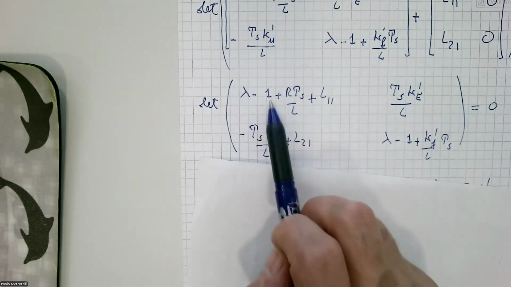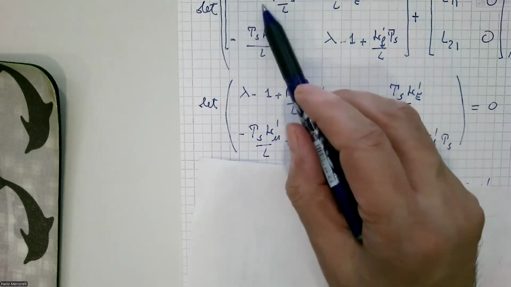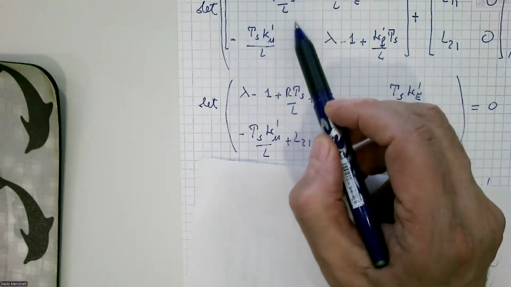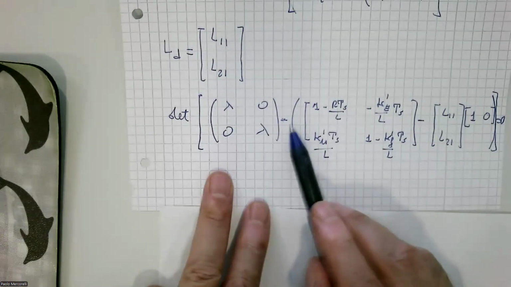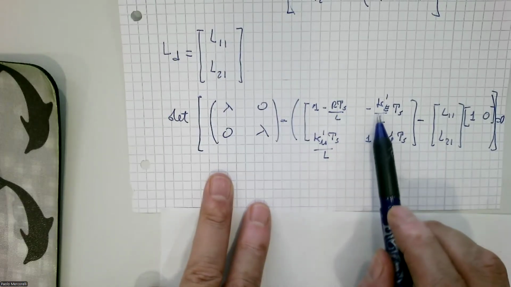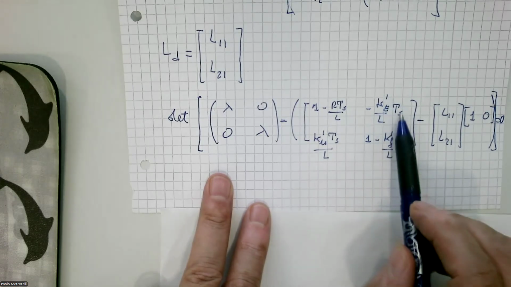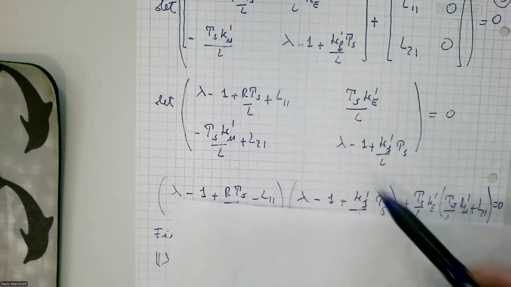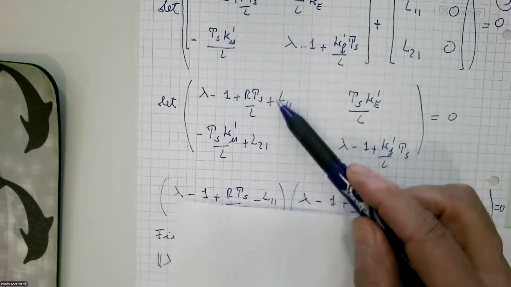Lambda, do you remember? Lambda minus 1 plus RTS divided by L. Yeah. Minus 1 plus RTS divided by L. Here we have just plus KE apostrophe TS divided by L. And so on, believe me. I have to correct here to plus plus.